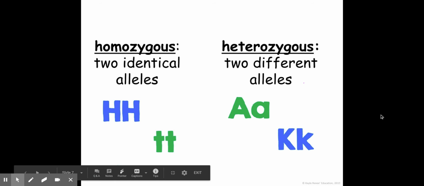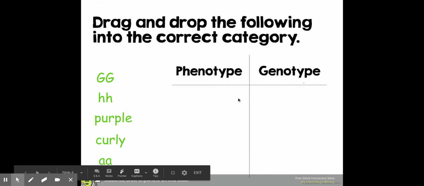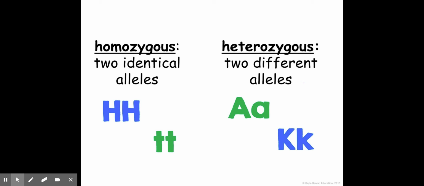All right. So now that we've talked about phenotype and genotype, we're going to move on to homozygous and heterozygous. We kind of referenced this earlier in the lesson, and we've learned about this previously last week. Homozygous is 2 identical alleles. It means that you have both parents giving the dominant trait or both parents giving the recessive trait.